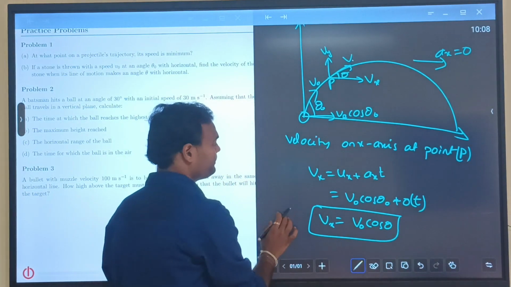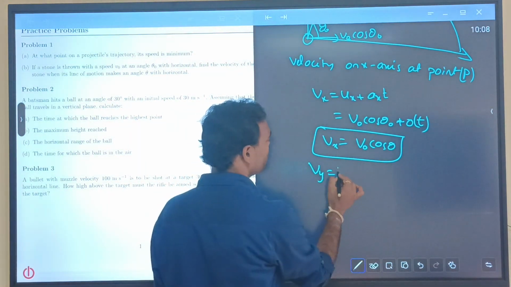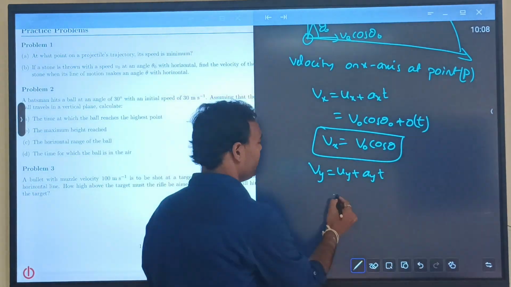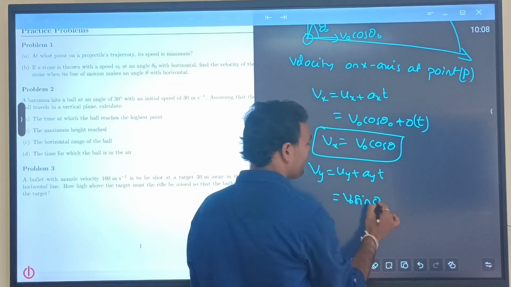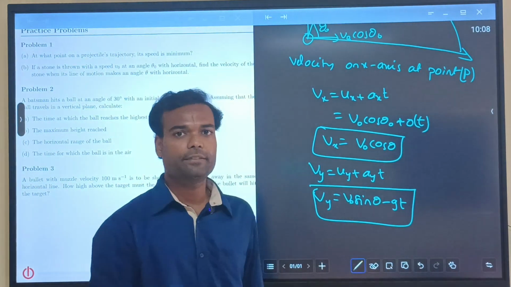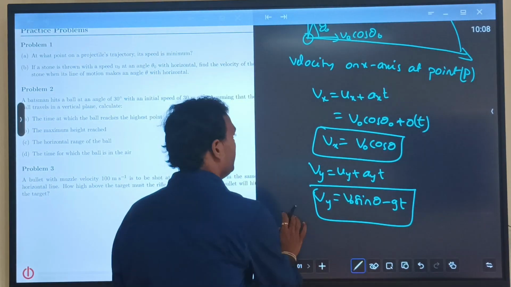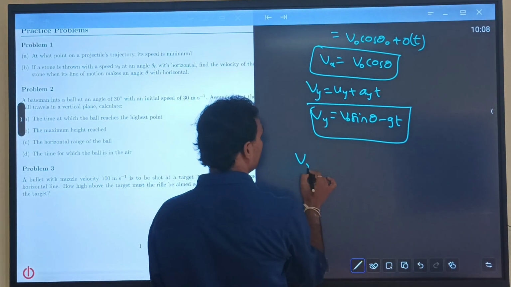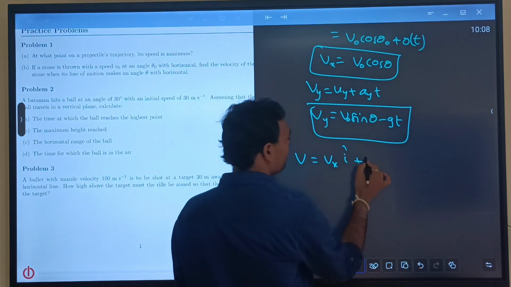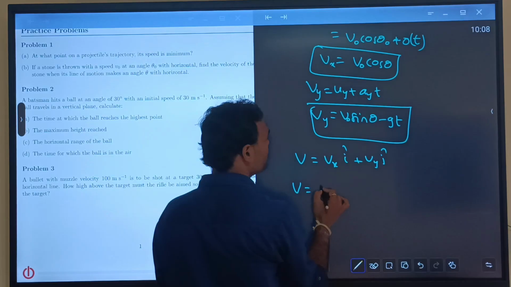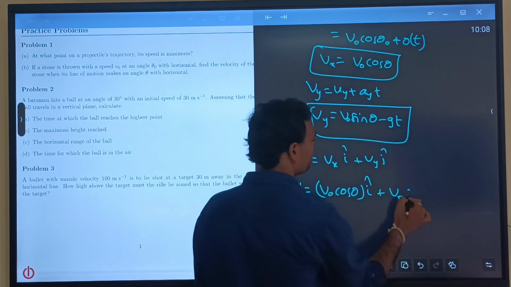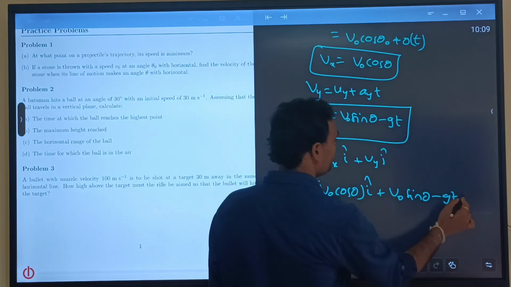The next point is velocity on the y-axis. Vy is equal to uy plus ay t. Now, uy is v naught sin theta naught, so vy is v naught sin theta naught minus gt. This is the vy value, right? So, we can write velocity as vx i plus vy j, which is equal to v naught cos theta naught i plus (v naught sin theta naught minus gt) j.